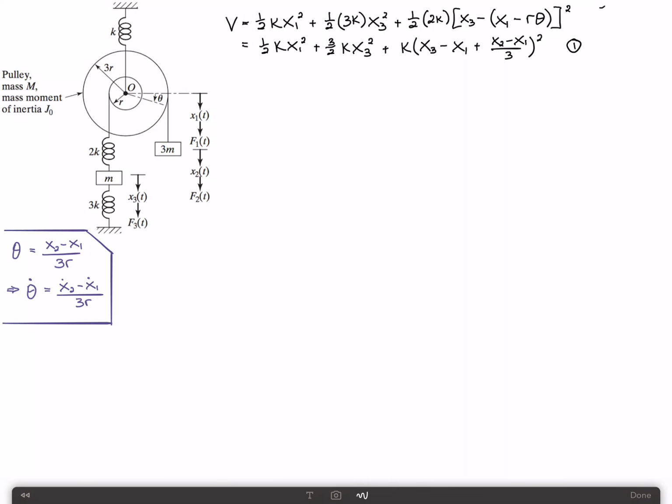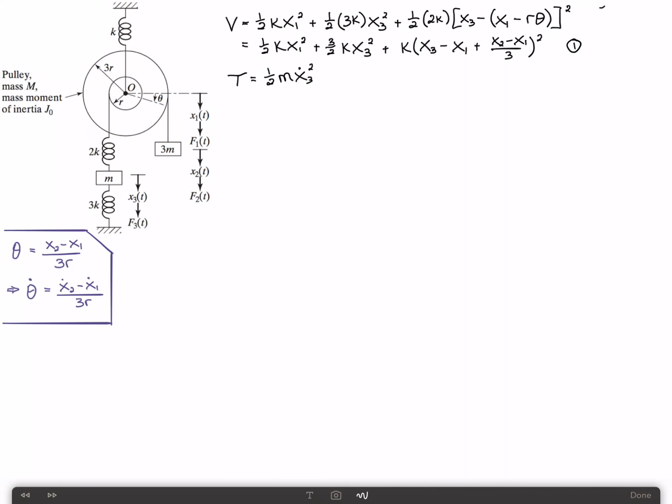Okay, and then the next thing to do is find an expression for the kinetic energy, which we'll call T. Kinetic energy T is a half times mass times velocity squared of each of the masses. So let's start off with this little mass at the bottom, is 1/2 times m times the velocity of that mass squared, which is just x3 dot squared, plus, let's take the pulley.